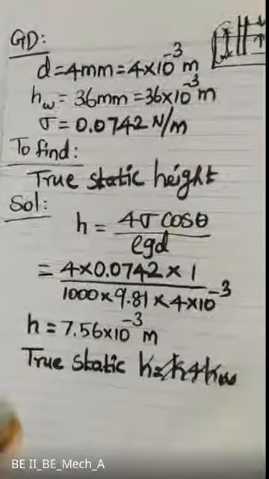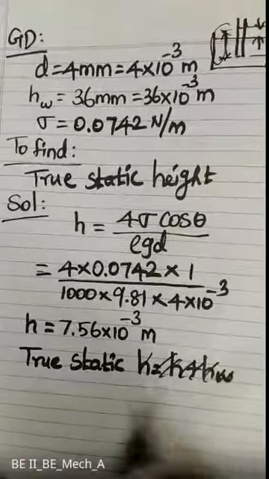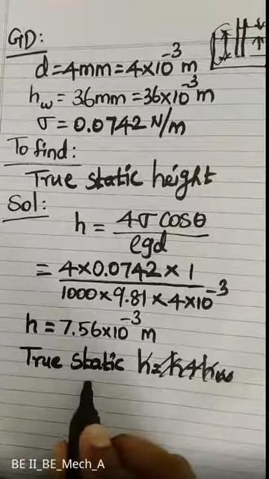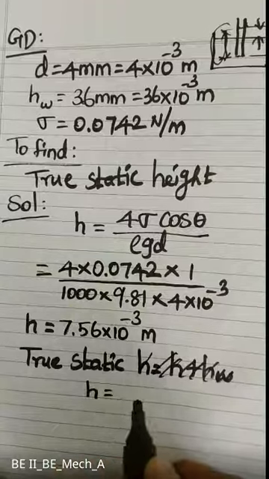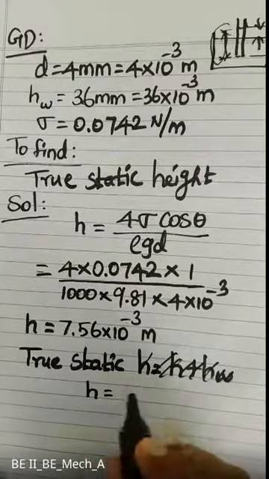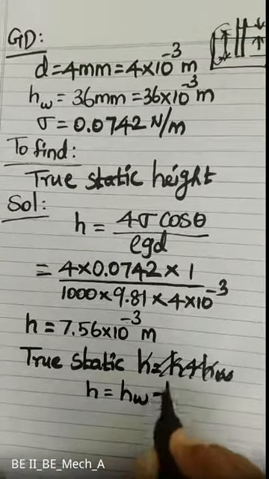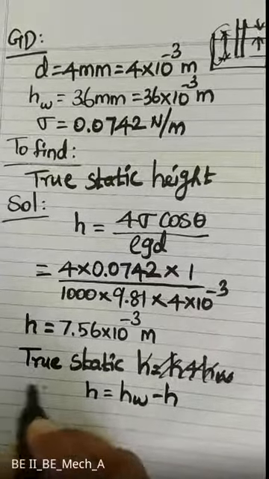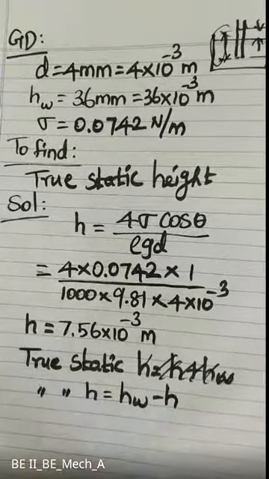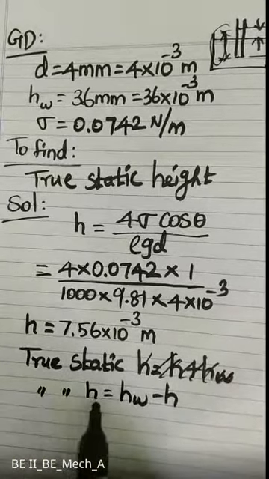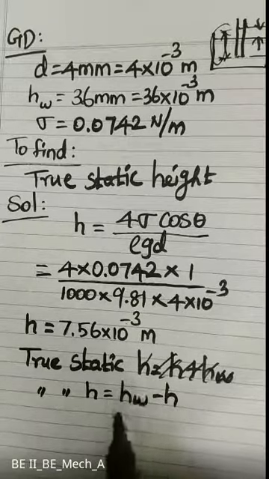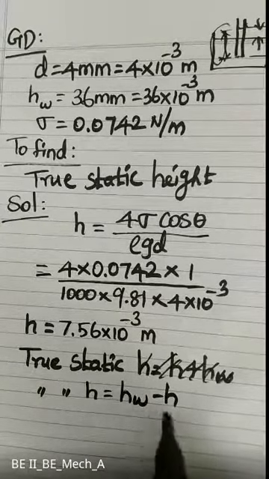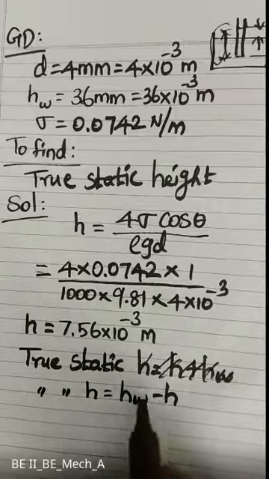So you should not add this. Actually, you have to use a negative symbol. So the value is HW minus H. So this one is the true static height. You are finding the true static height. So for that, you have to subtract the capillarity rise from the total height.